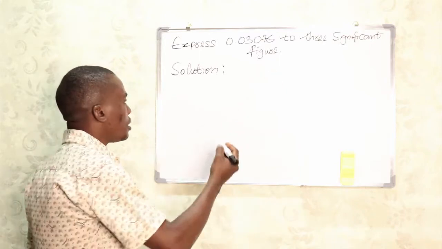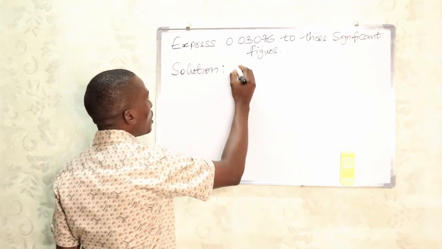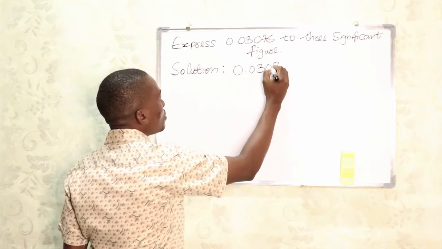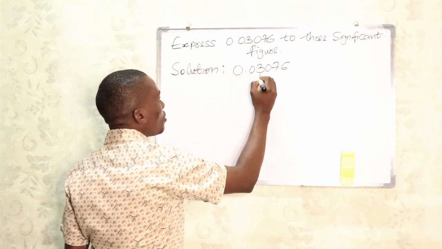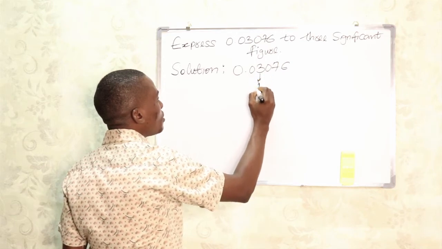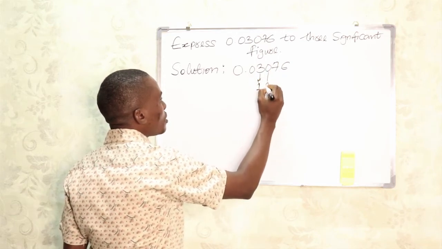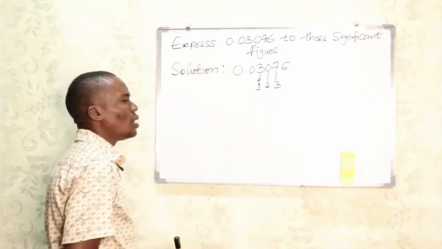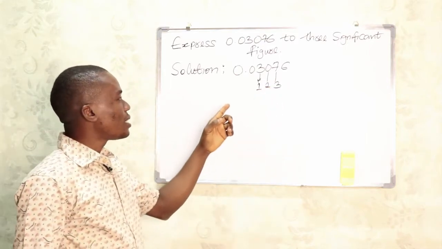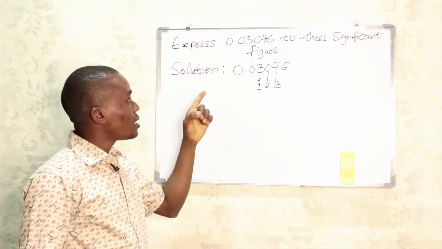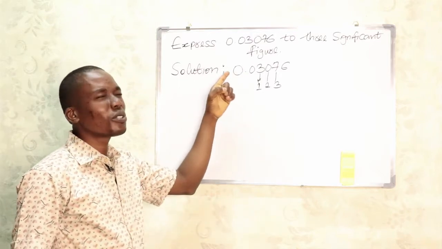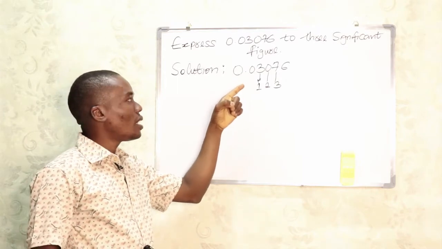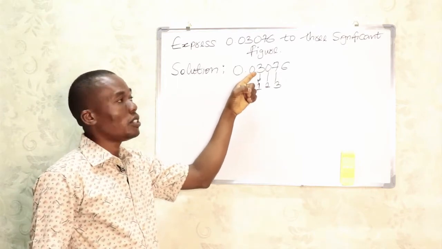Now when solving this, I want you to note that you have 0.03076, that this is your first significant figure, this will be your second significant figure, and this will be your third significant figure. Now take note that we define significant figures as the first non-zero value in a given number. Now the first non-zero value is 3.